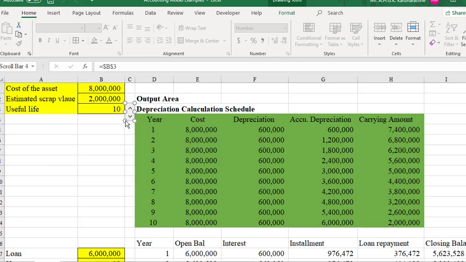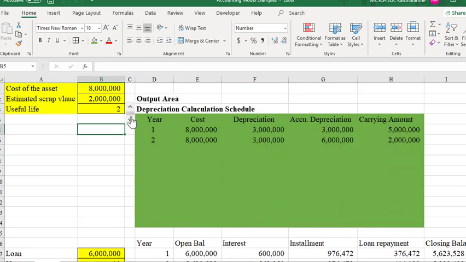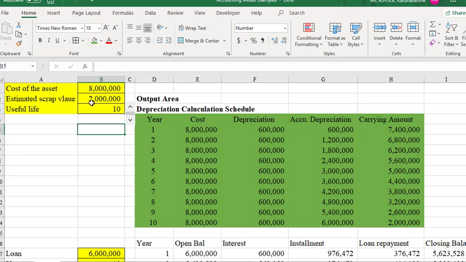When you click this button, it quickly and easily lets you alter your figures, right? If you want to change the scrap value, because scrap value may be estimated on a timely basis. Scrap value should be estimated by the management at the end of each accounting period.